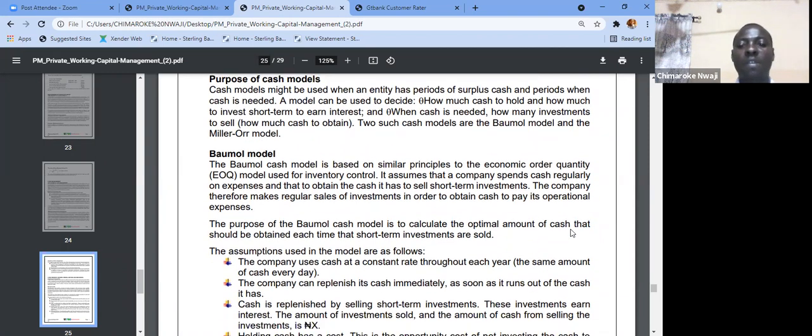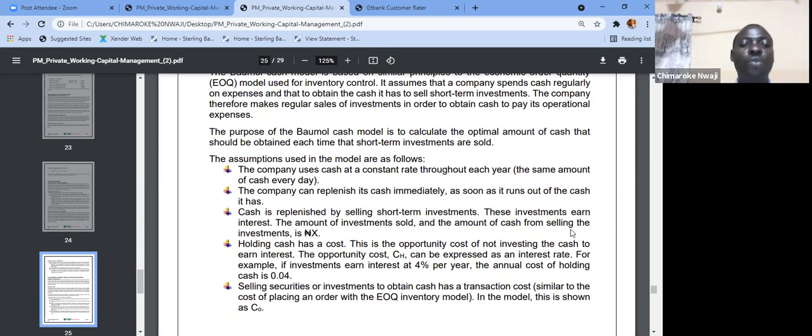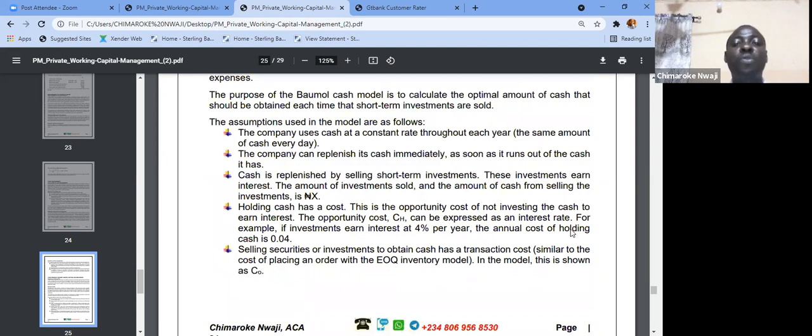Now look at the assumptions we are going to use for EOQ for cash, which is the Baumol model. The company uses cash at a constant rate throughout the year, just like the average annual demand for inventory. The company can replenish its cash immediately as soon as the cash runs out.